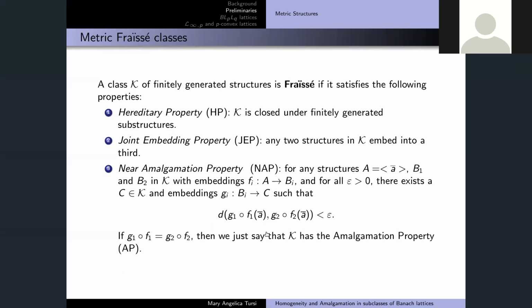So we don't need full amalgamation for this to work. We just need near amalgamation. Of course, you can get full amalgamation if you want, and we just say it has the amalgamation property.